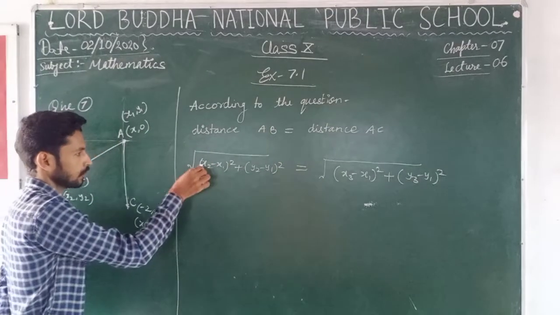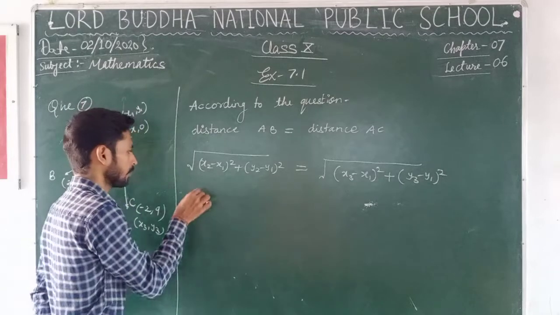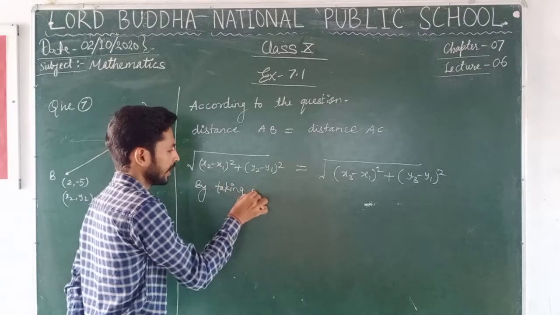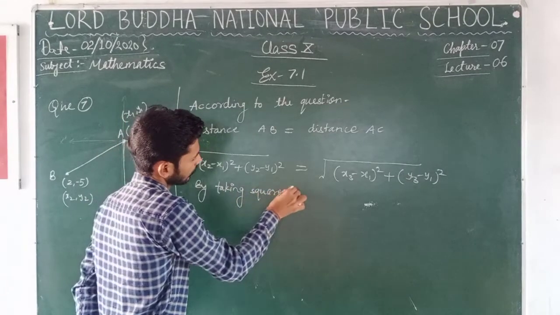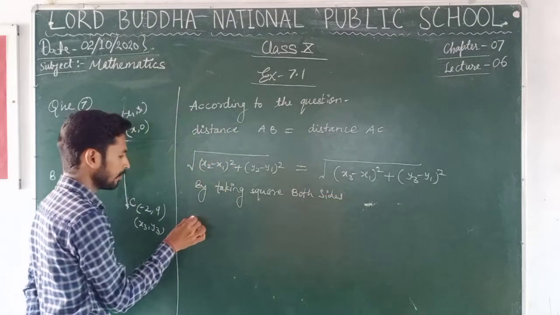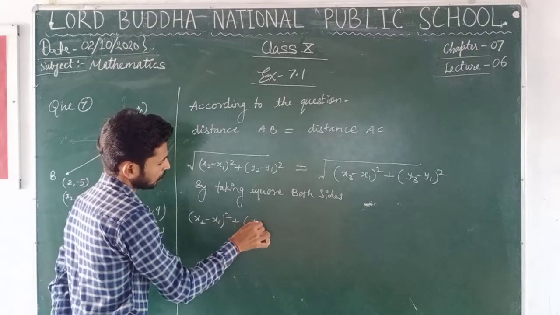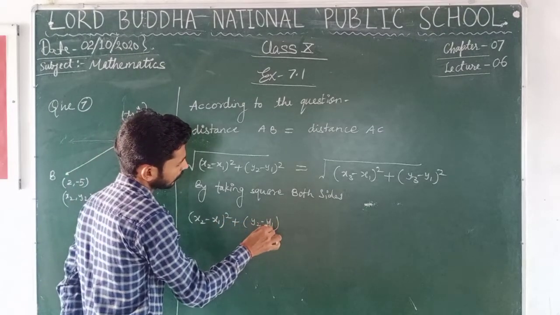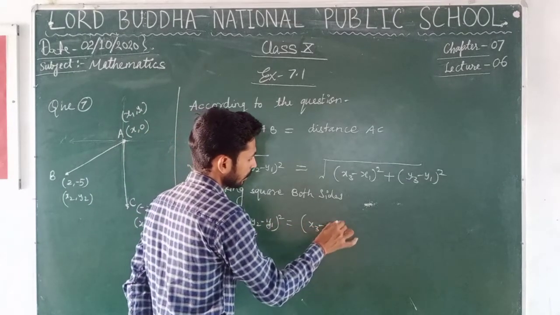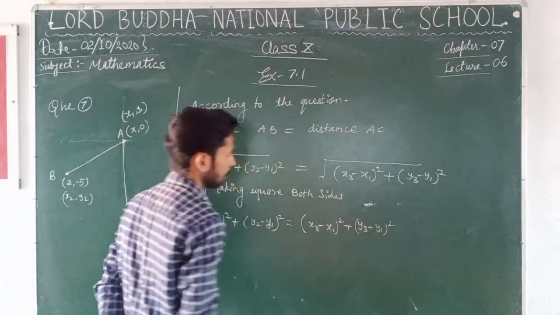By taking square on both sides, it will be (x2 minus x1) square plus (y2 minus y1) square equal to (x3 minus x1) square plus (y3 minus y1) whole square.